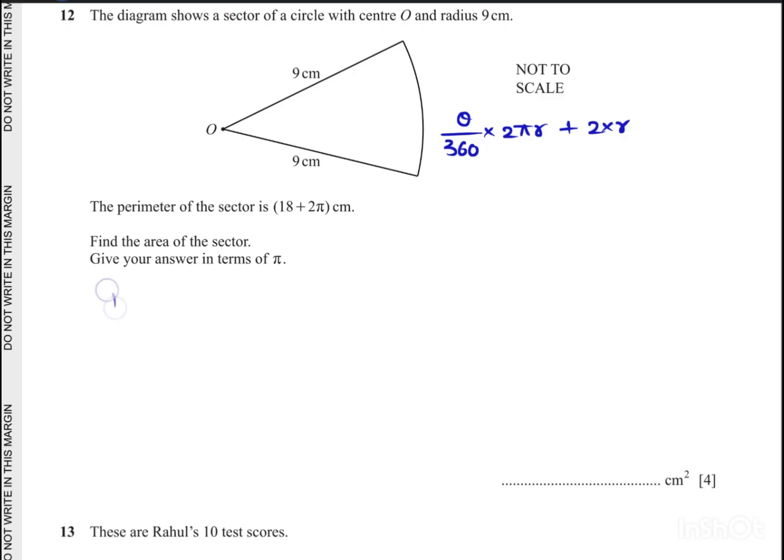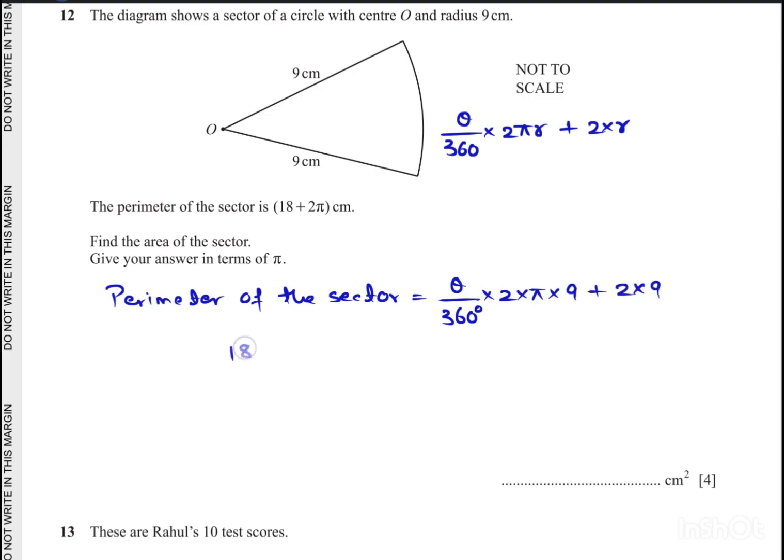So the perimeter of the sector is equal to theta by 360 into 2 into pi into r, which is 9, plus 2 into 9. We don't know the angle, so just write theta. The perimeter is already given to us: 18 plus 2 pi is equal to theta by 360 into 2 into 9, which is 18 pi, plus 18.